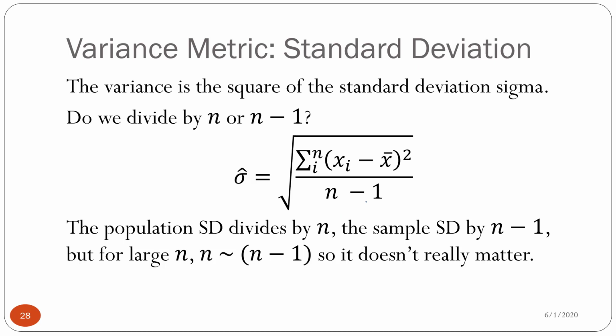But if by doing some sampling you were able to get the data for 10,000 people in USA, then you will compute the sample standard deviation. For sample standard deviation you should divide by n minus 1, but for population you should divide by n. That's the only difference.